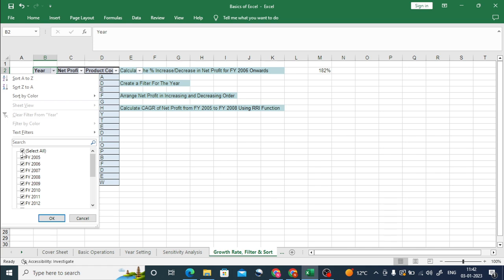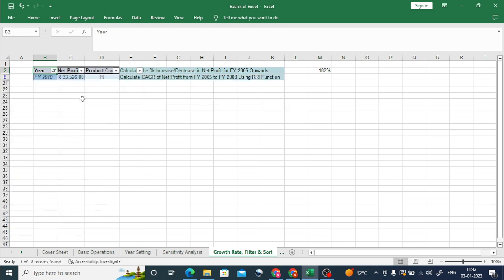You simply deselect everything, and let's suppose you are asked what was the net profit in financial year 2010. You simply select financial year 2010, hit OK. Now see, it is only showing the net profit of financial year 2010, right?